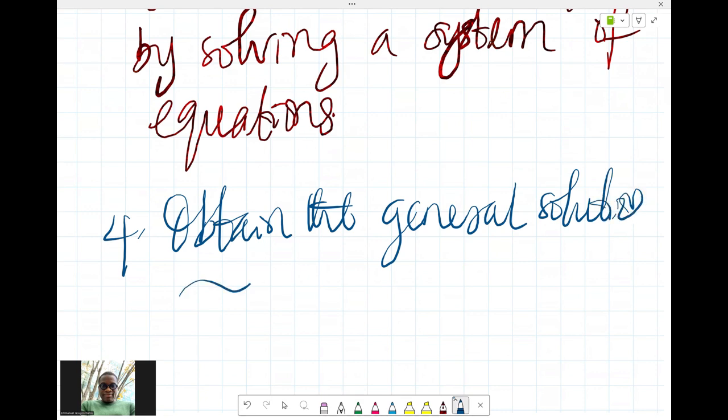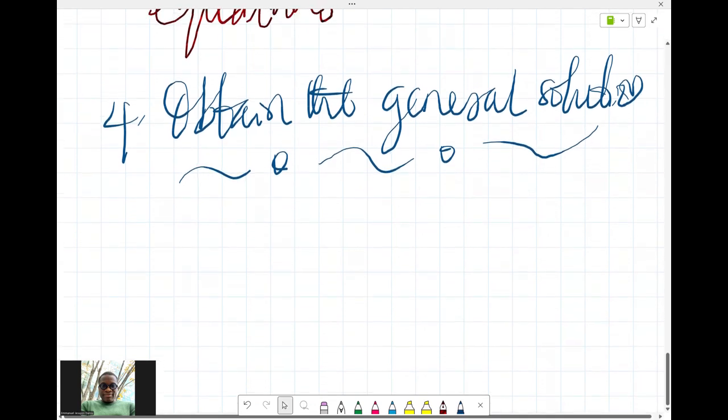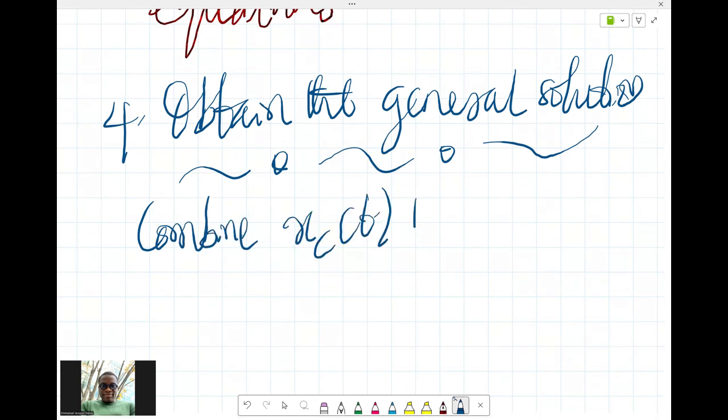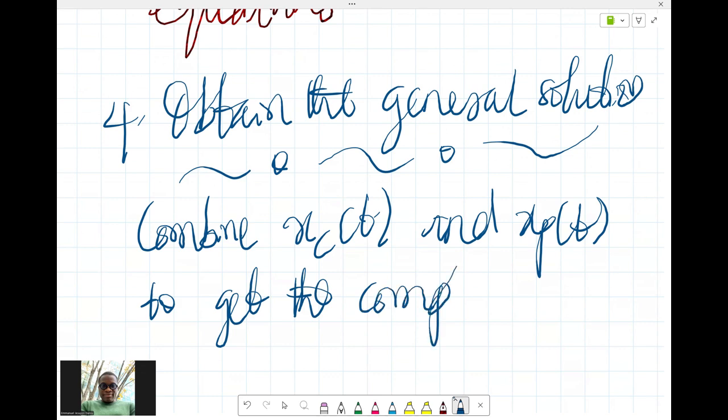As usual for differential equations, especially non-homogeneous ones, we obtain this by combining xc of t and xp of t to get the complete solution.